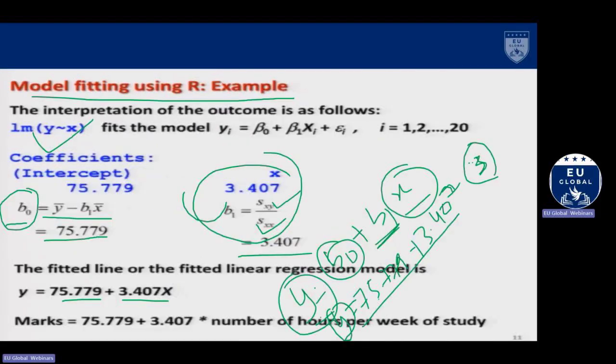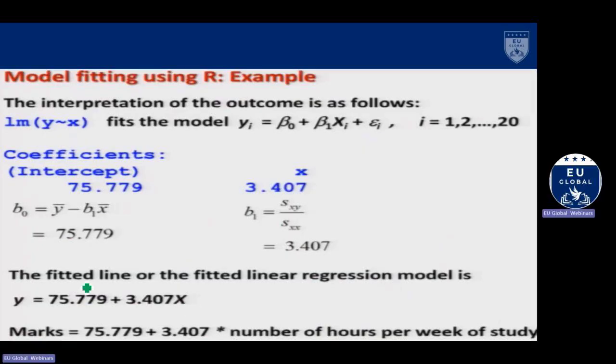Here x is the number of hours of study per week, beta 1 is the slope, and this is your intercept, 75.779, and marks is the dependent variable. So we have found the values of the coefficients beta naught and beta 1, which is our aim.